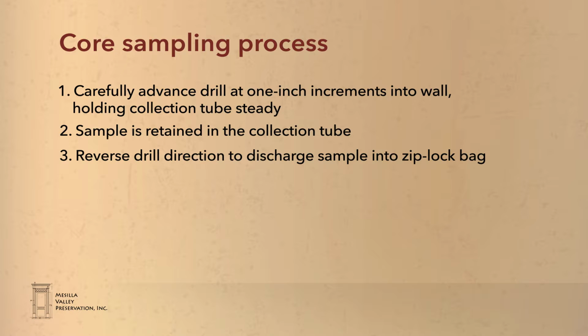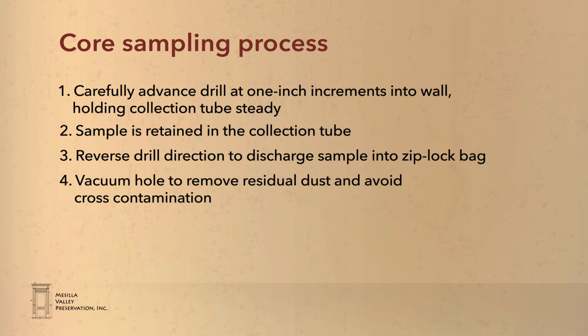Because salt concentrations typically increase toward the surface of the wall, it is particularly important to try to avoid cross-contamination of samples. For this reason, we vacuum loose material from the hole using a specialized attachment between each sample. At that point, the process is repeated for the next 1-inch increment, continuing to the desired depth of the core sample.